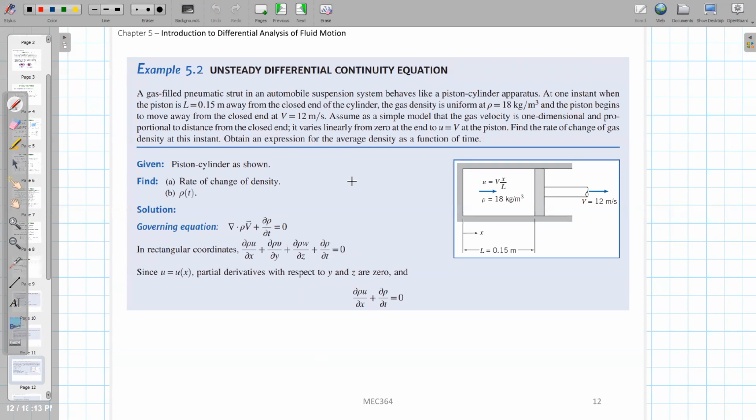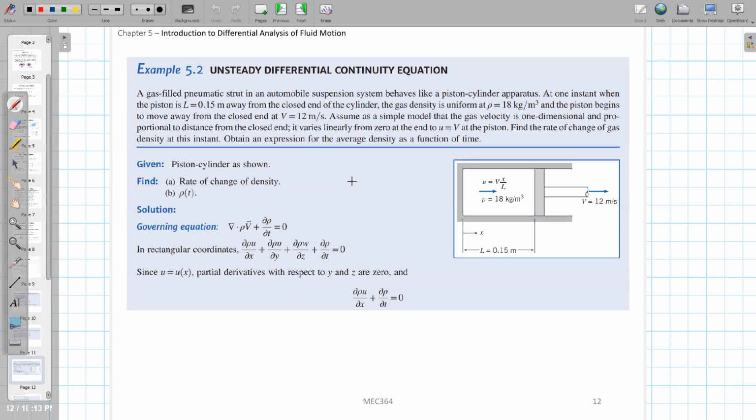So this is a piston-cylinder problem, right? At this moment, this piston is moving to the right with v equal to 12 meters per second.